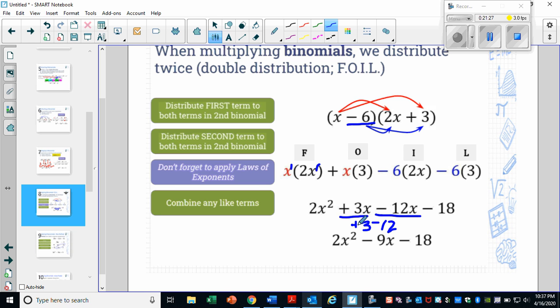So in the end, 3x minus 12x gives us negative 9x. That's our middle term. And then this first term, the 2x squared, comes on down for the ride. Negative 18 also comes on down for the ride. Now remember, we have to include these terms. And we want to try to keep the terms in order, highest exponent on the left, lowest exponent on the right. That's the rule of thumb.